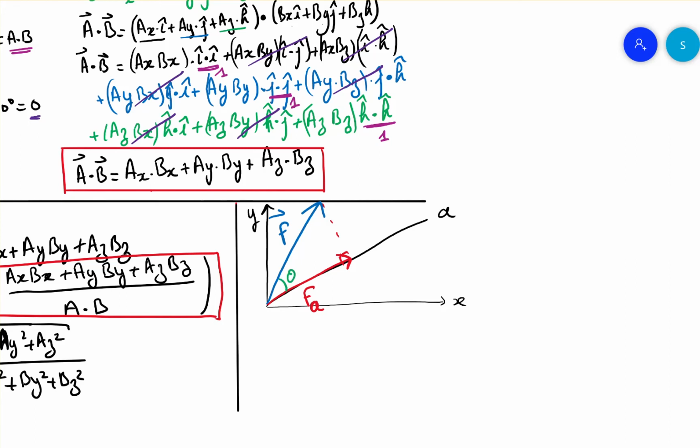And maybe also we can speak about this angle theta between both of them.